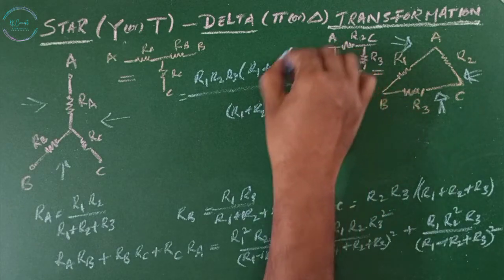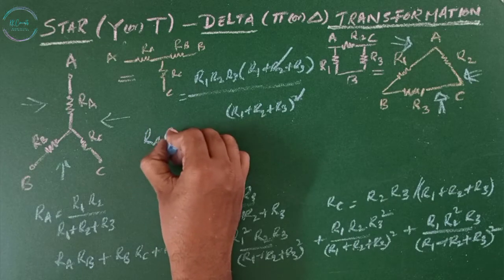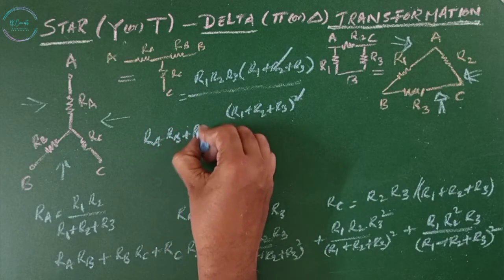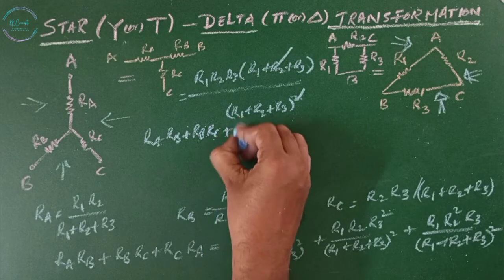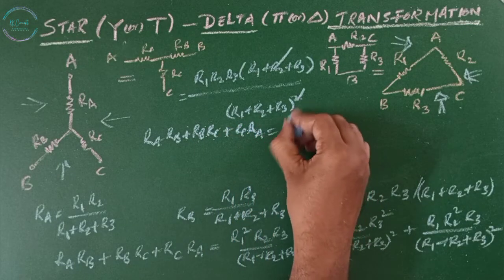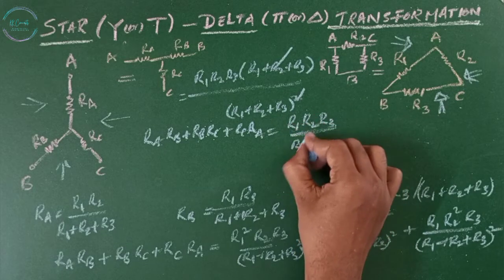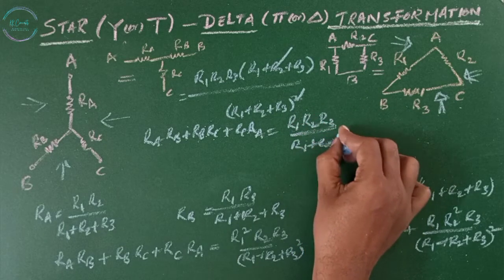So the squares get cancelled, and we get RA RB plus RB RC plus RC RA equals R1R2R3 divided by R1 plus R2 plus R3.